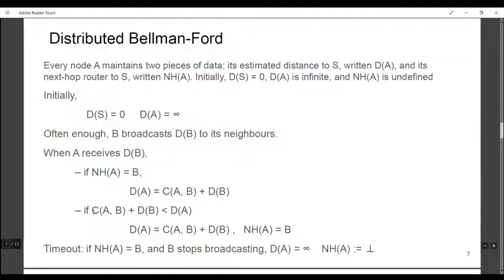And if it's not the case, then it will check whether this path is more feasible or not, like whether this path is lower in cost or not.